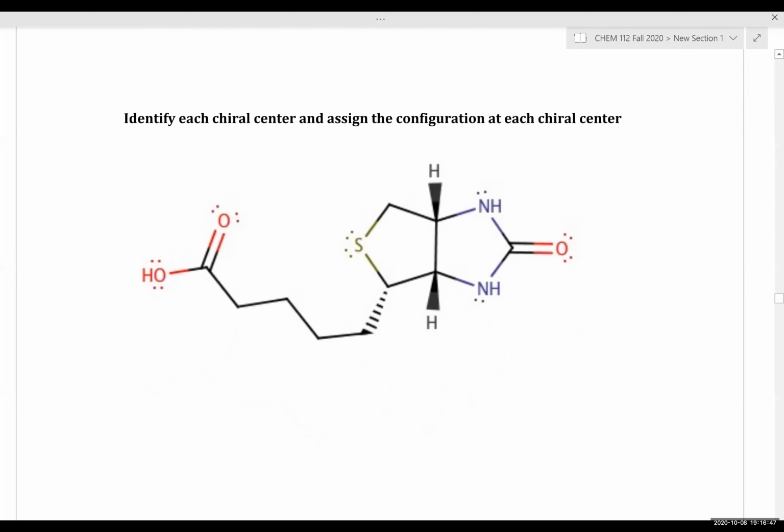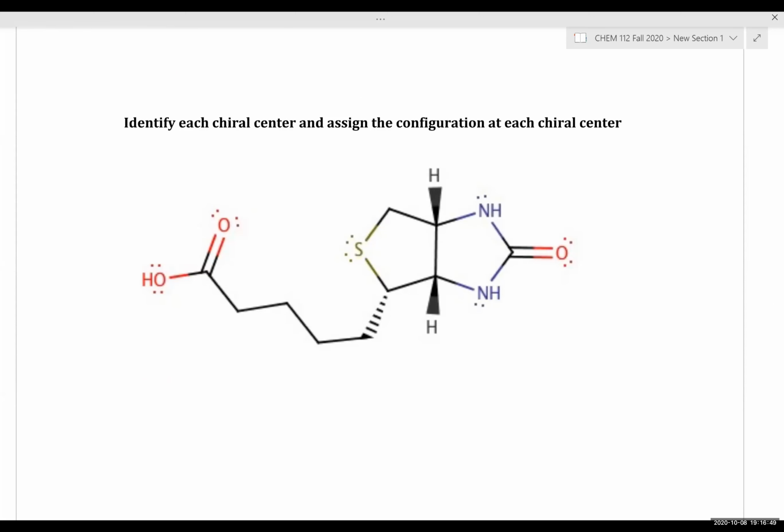Okay, so let's look at another very biologically relevant molecule, this time with 3 stereocenters. And I'll label these as A, B, and C. And remember our tricks for rotating a molecule and our tools to rotate a molecule.